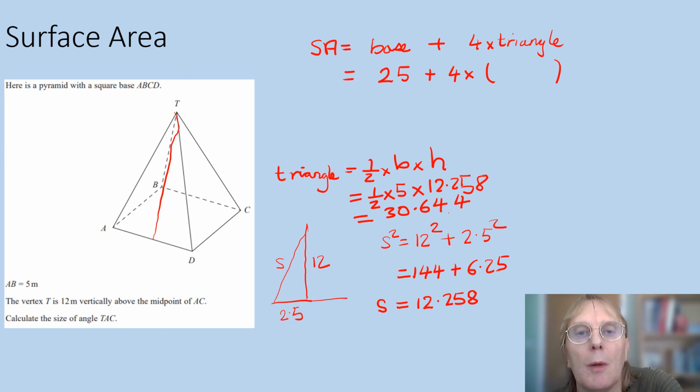Okay, so I can go back up to the top here. I can throw my 30.644 in there. And if I multiply all that out, 4 times 30.644 plus the 25, I end up with the surface area is 147.6. And that will be square meters.